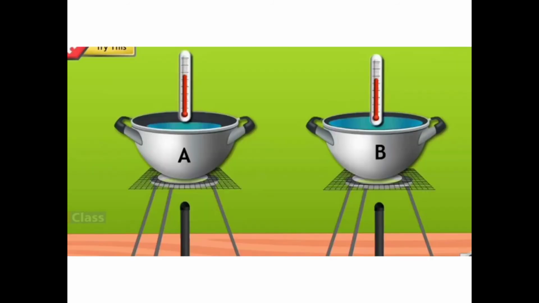Now what you are going to take? You are going to take identical bowls. In those identical bowls A and B, two bowls are there in which we have kept the water.